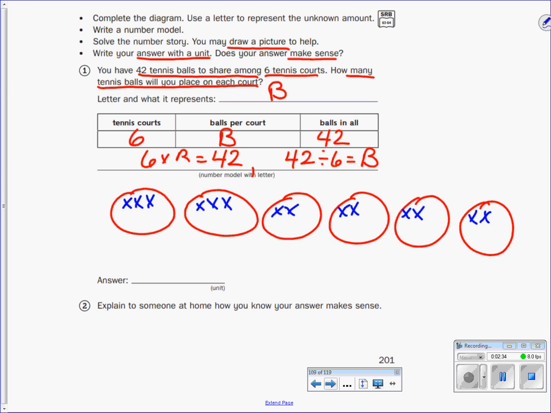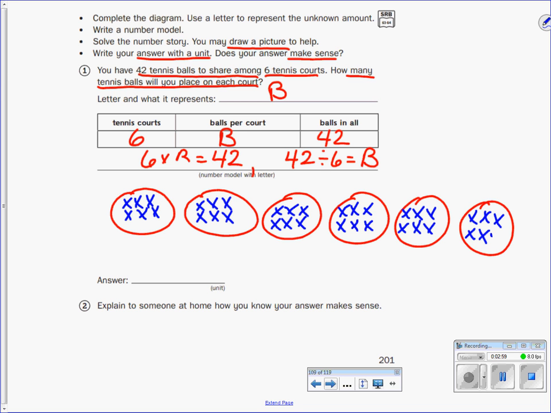And boys and girls, if you organize your picture nice and neatly, it will help you to see how many you have in each group and see that you have the same number in each group when you are finished getting to the number, or the product, that we want, which is 42.